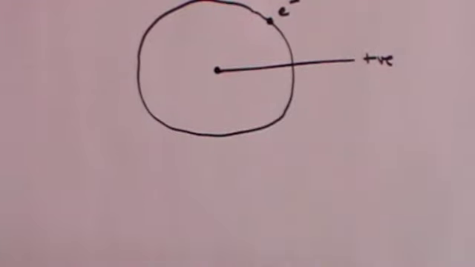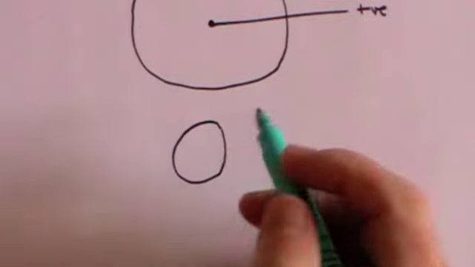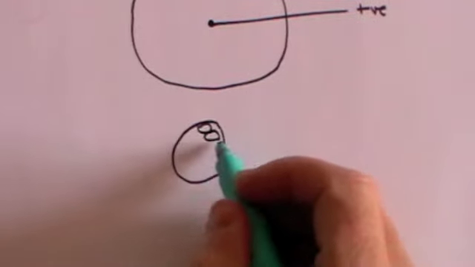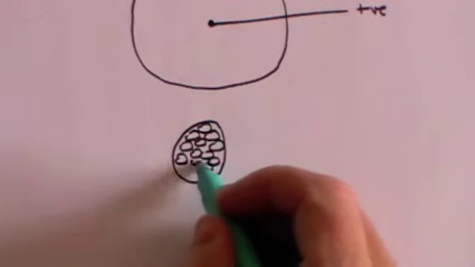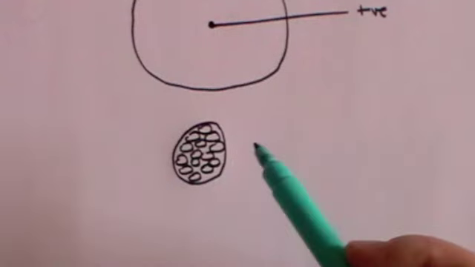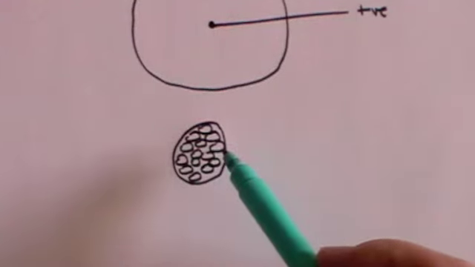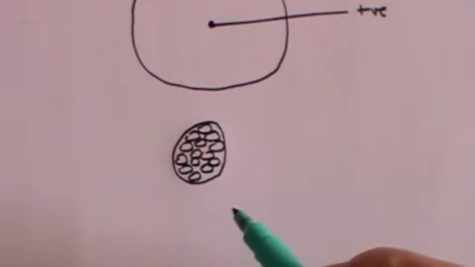We now know that this central nucleus is in fact made up of protons and neutrons all held together within the nucleus. Protons are positively charged, neutrons have no charge, and that begs the question: if protons are positively charged, they ought to repel one another, because like charges repel, and if they repel each other there shouldn't be a nucleus, because it shouldn't be possible to have two or more protons in a nucleus.